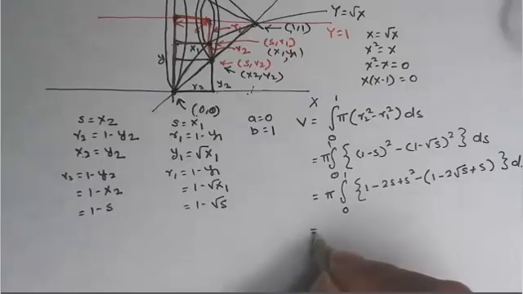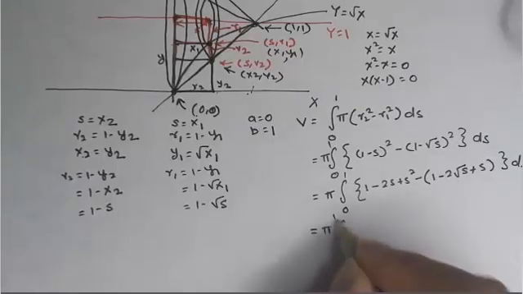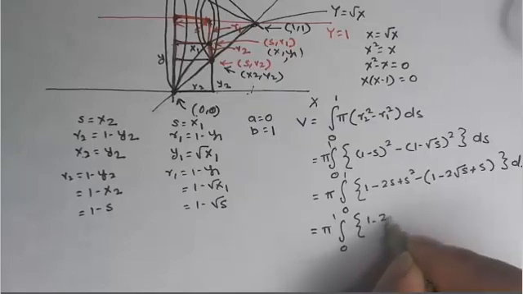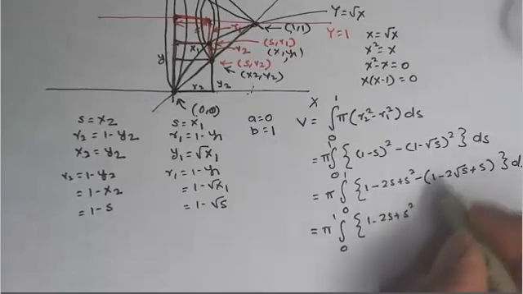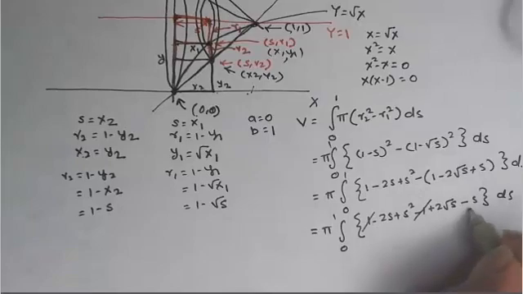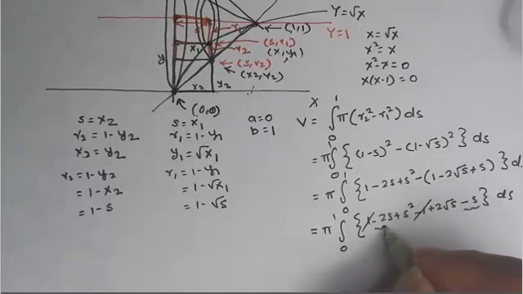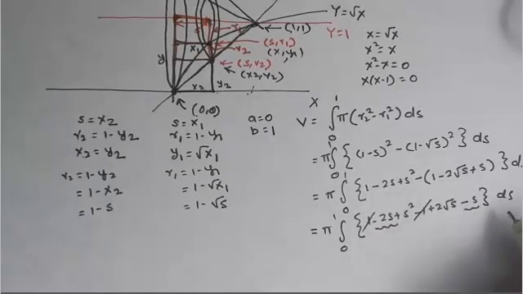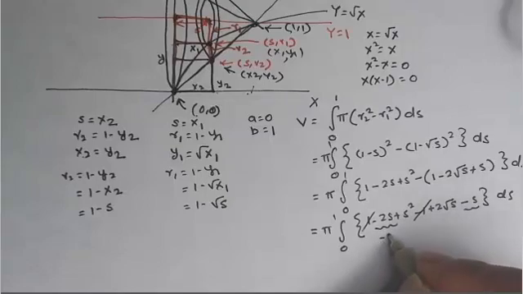So this is pi times the integral of 1 minus 2s plus s squared minus 1 plus 2 square root s minus s ds. This cancels with that. Minus s and minus 2s give us minus 3s.